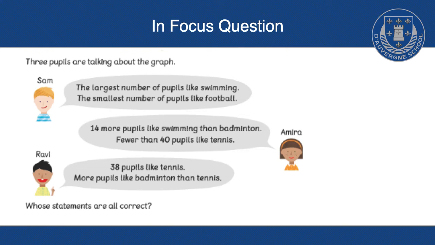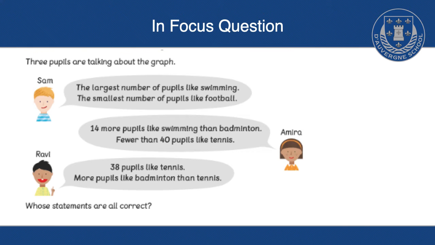If we move on and look at Amira's, she says that 14 more pupils like swimming than badminton, and fewer than 40 pupils like tennis. So we've got to find out whether those statements are true or false. And then finally, Ravi says 38 pupils like tennis. Is that true or false?